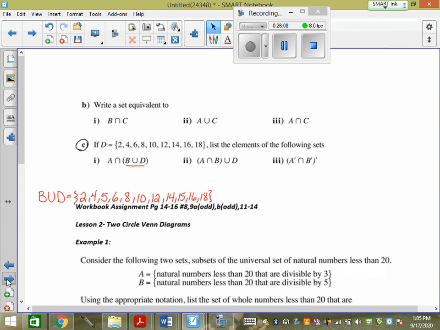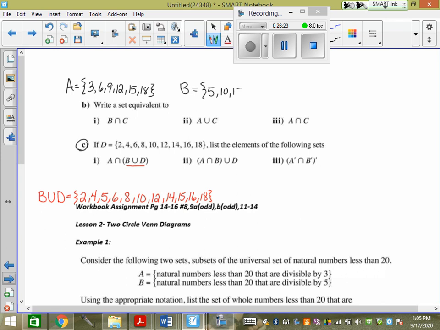And now we have to say, so A had what in it? 3, 6, 9, 12, 15, 18. B had, I just want to write them up here so we have them, 5, 10, 15. I don't remember what C was anymore. 6, 12, 18.